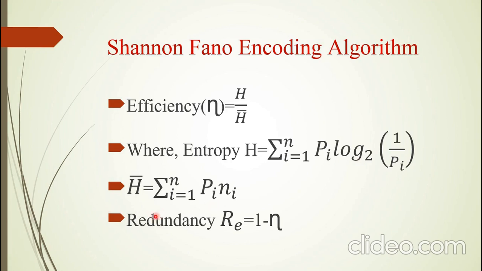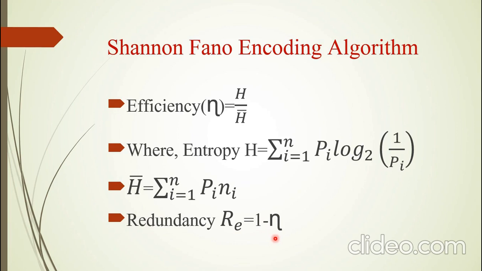And now calculate redundancy. What is the formula of redundancy? Redundancy is 1 minus efficiency. So redundancy is denoted by R_E equals 1 minus eta, where eta is efficiency.